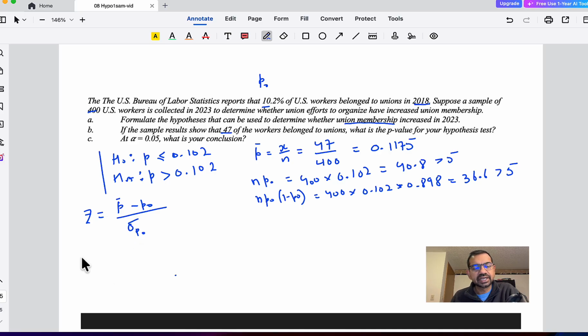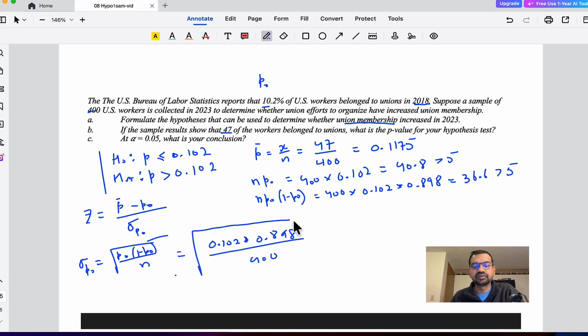So let's calculate the standard error of the population proportion, which is the square root of p naught times 1 minus p naught divided by n, which is 0.102 times 0.898 divided by 400, and the square root of that.